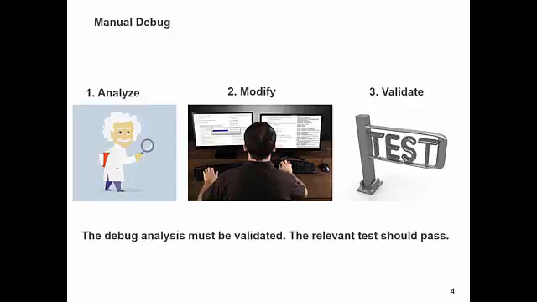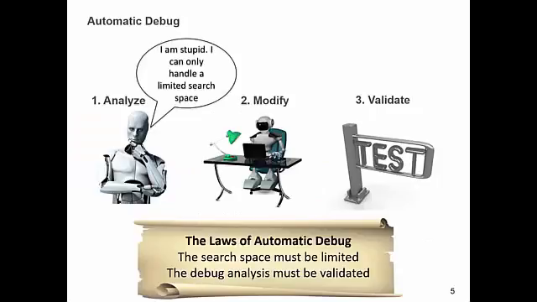Okay, so if you compare that to automatic debug, and this slide is generic. It has nothing to do with Pindown yet. This is just a generic slide on anything you want to automate when it comes to automatic debug. You still have the same steps. You need to analyze, modify, and validate. But the one thing which is different is that computers cannot be as smart as Einstein or a verification engineer.